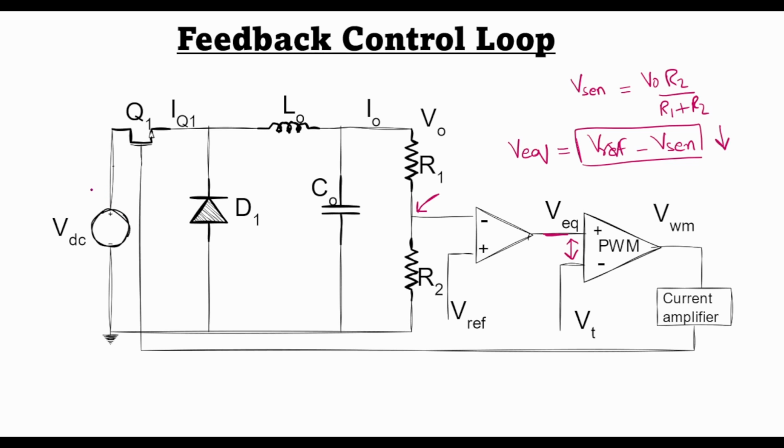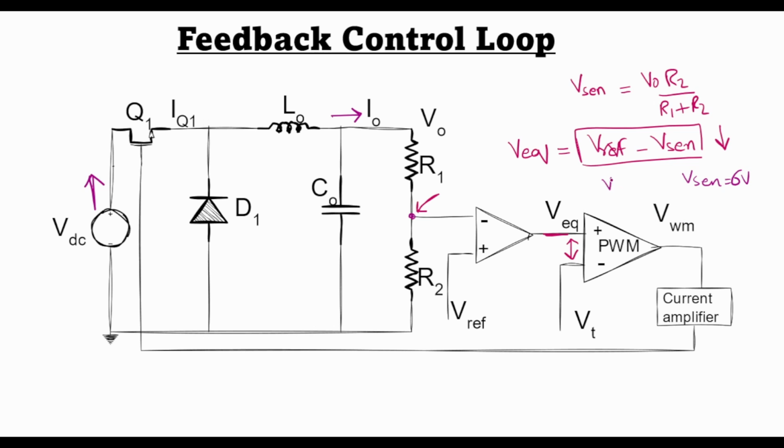Now let's see what happens when, due to a sudden transient, VDC increases. When VDC increases, the current to the output increases, which means that the sensed voltage here increases. So let's say that the sensed voltage now is equal to 6 volt due to a transient.